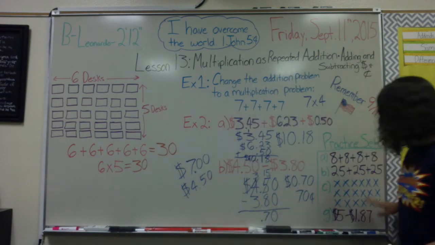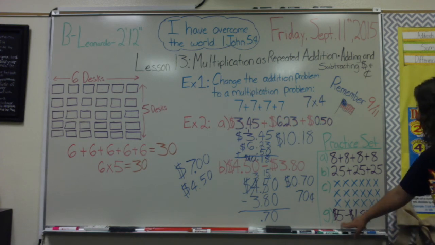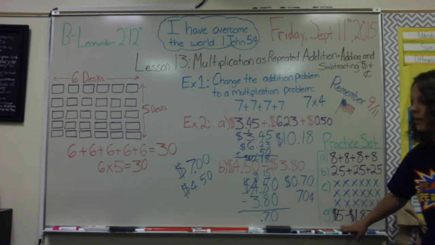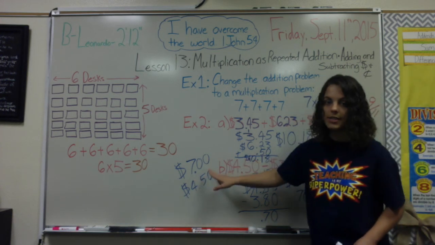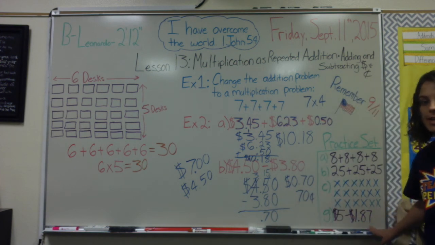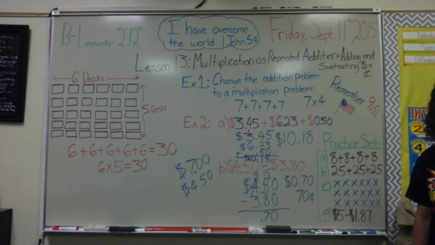You're going to do the exact same thing here for letter C. I have 1, 2, 3, 4, 5, 6 going across, and I have 3 going down. Letter G, you're going to do $5, so $5 even. Think of it just like I did with my $7. I showed you how to write it with a decimal point and cents: $5 minus $1.87. All right, that's your practice set, and we'll go over those in class. Thank you.